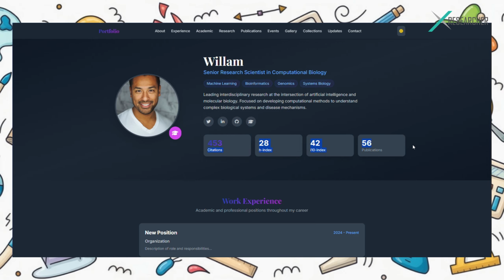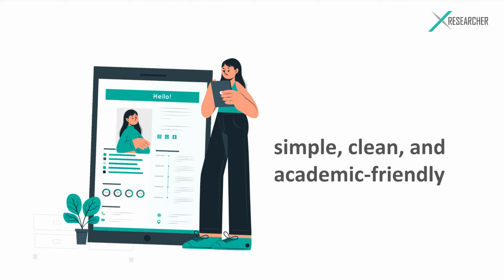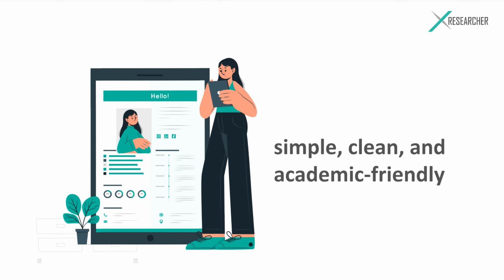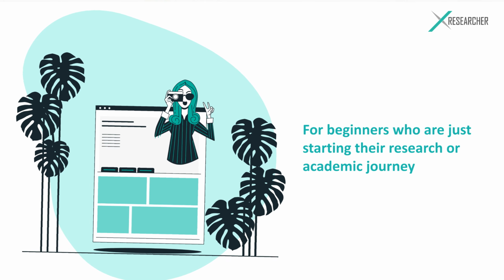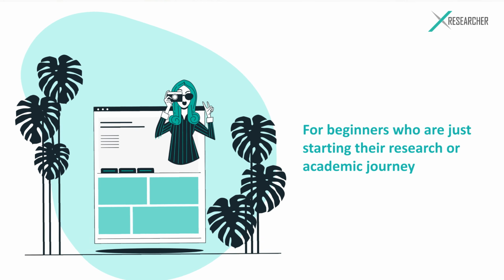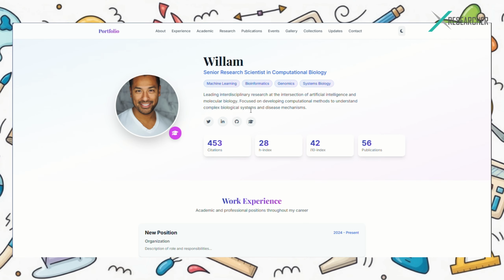So the idea is to keep the website simple, clean, academic friendly. This portfolio is especially designed for beginners who are just starting their research or academic journey. And I want to be honest that this website is still at an early stage. There is a lot more that can be added and improved over time.